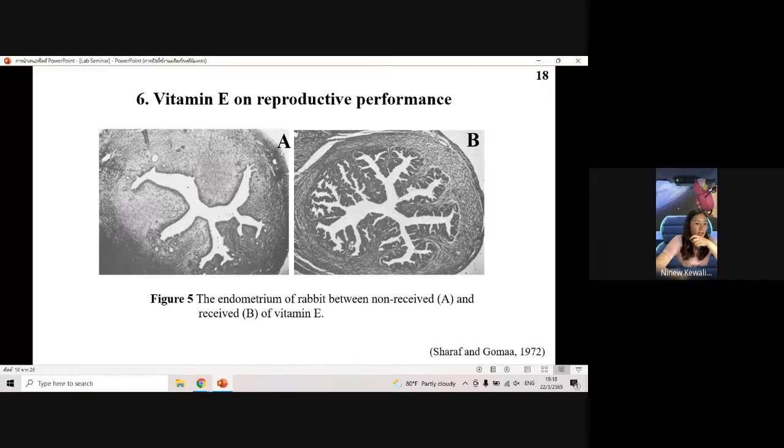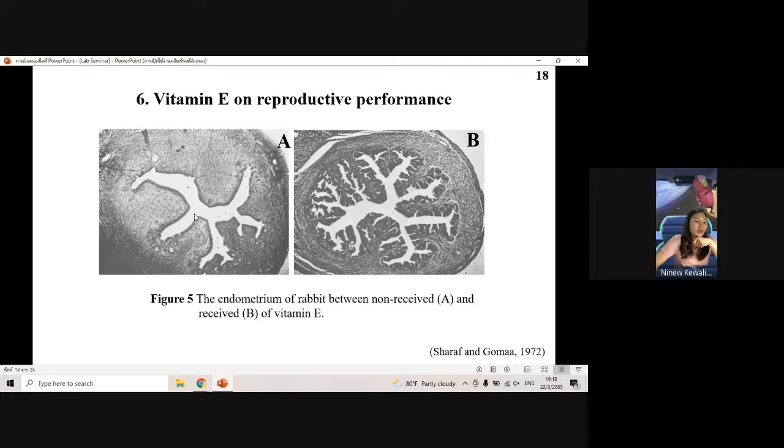This figure shows the endometrium of the rabbit between those that did not receive vitamin E in figure A, and those that received vitamin E in figure B. We can see there is a difference in the folding here.